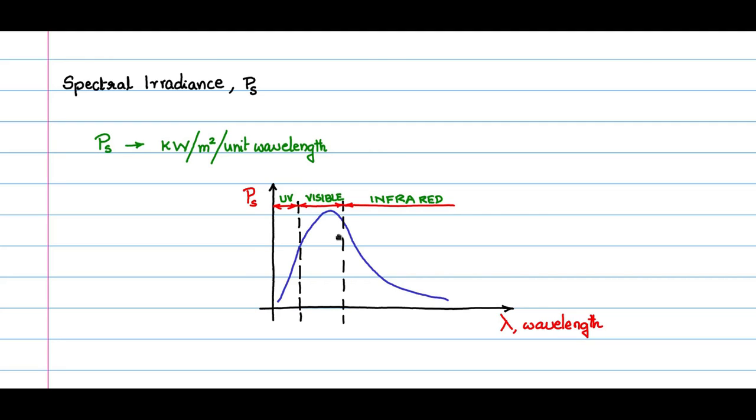Now these regions are basically defined by the nature of the wavelength. The UV region has wavelengths which are very small, very high frequency. The visible region has intermediate wavelengths, and in the case of the infrared region, the wavelengths are very large, and the frequency is low.